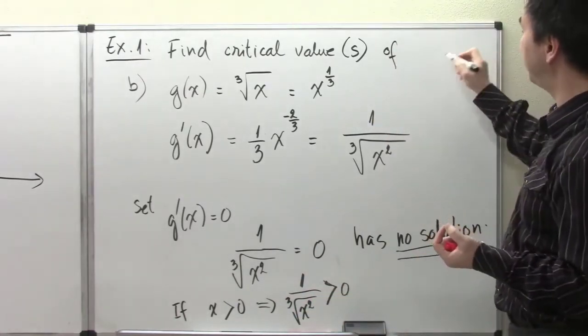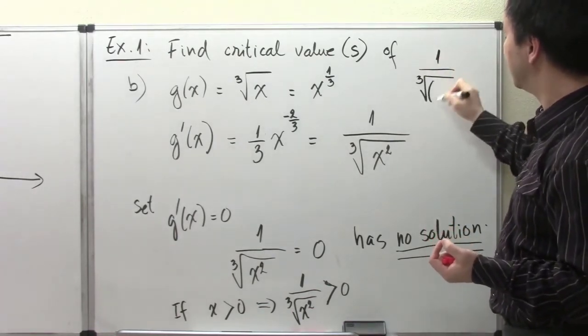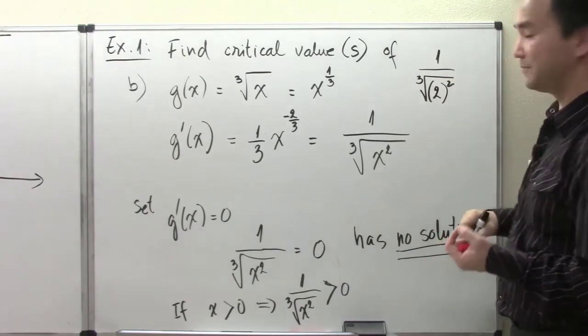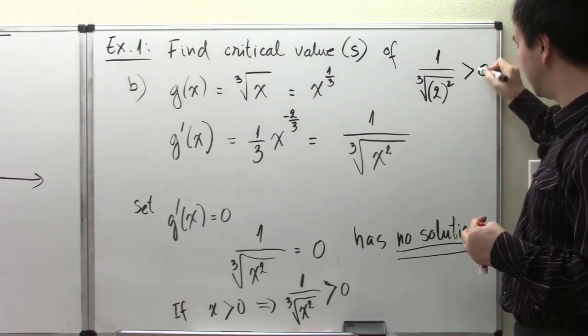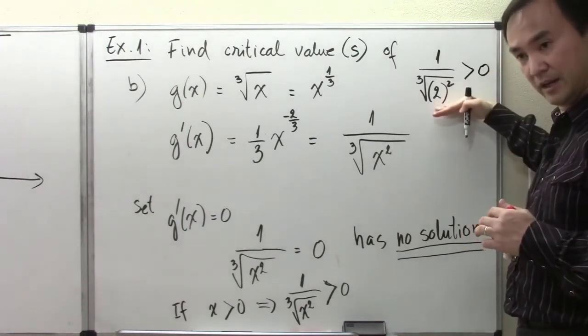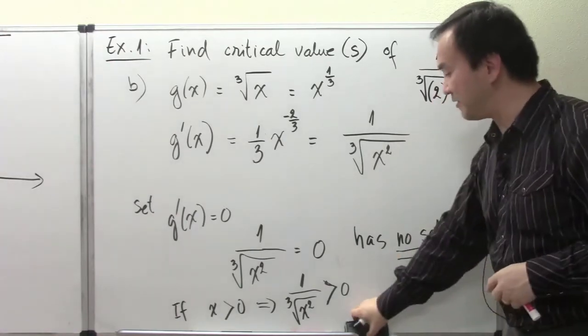You can quickly verify me by doing 1 over cube root of, how about, 2 squared. You can quickly do that calculation, and all I care about is whether it is above 0 or not, and it will be. It's just a quick way for viewers to verify me.